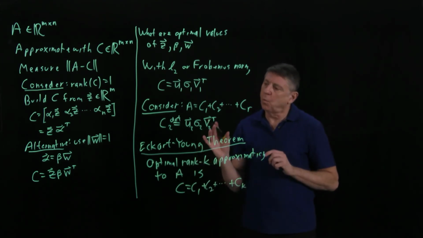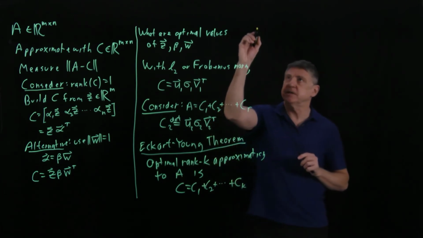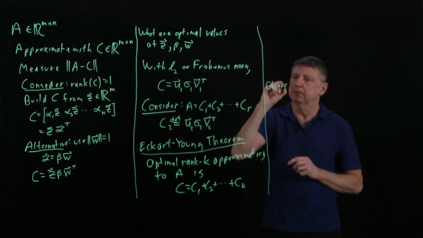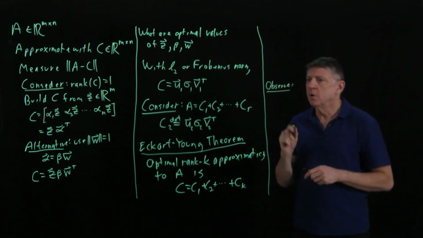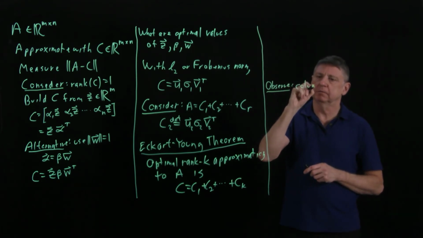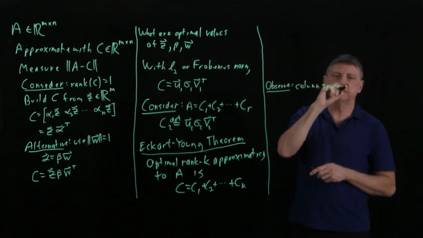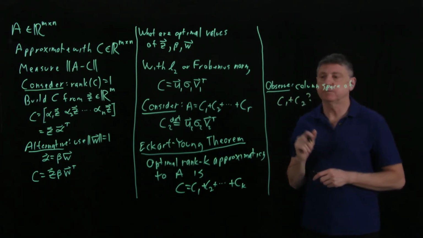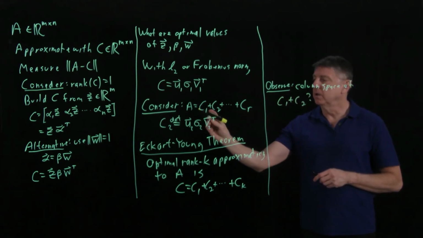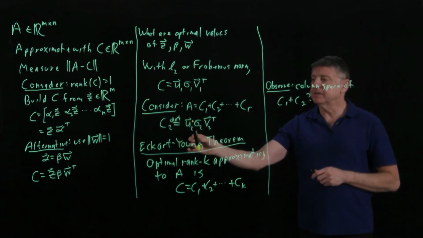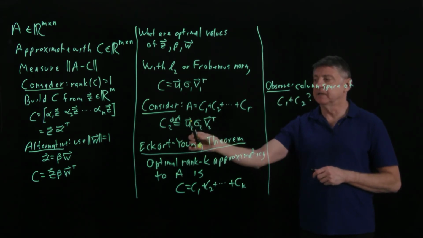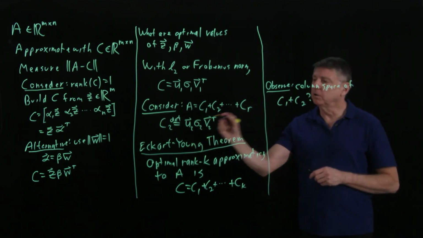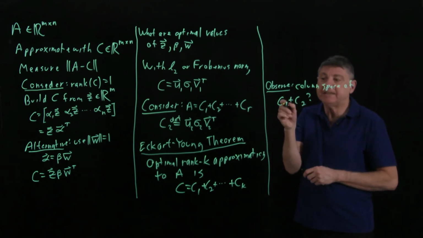So let's make another observation here. Observe what is the column space of, let's say, C1 plus C2. Let's make it nice and simple. This matrix is U1 U1 transposed plus U2 U2 transposed, and so for the column space, we could take the SVD of this.